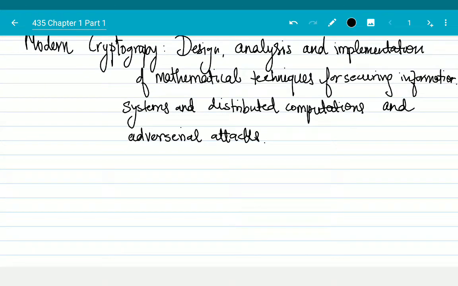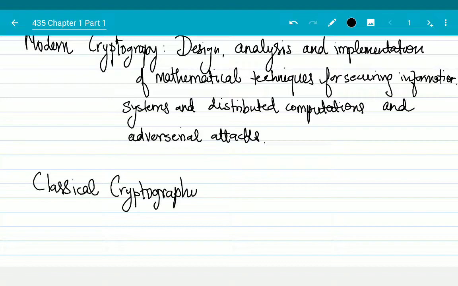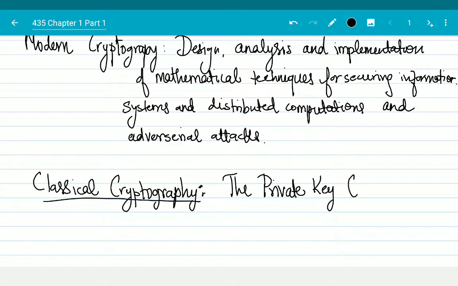And so person one, the classical cryptography has been what is called the private key cryptography.